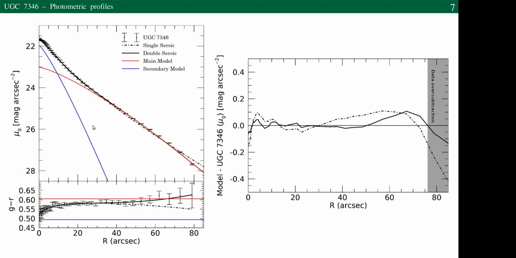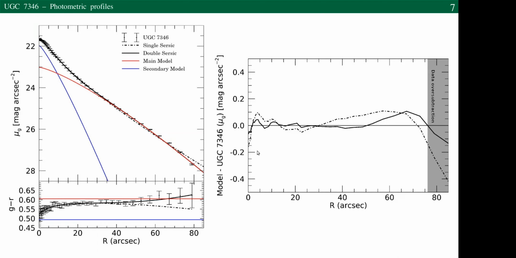First of all, the color profile can only be explained by a double Sérsic model, in which the central region is bluer and the outer region is redder. The single Sérsic model is unable to explain the redder outer regions of the galaxy. We can also see in the red panel the residuals of subtracting the single and the double Sérsic models from the profile of the galaxy.